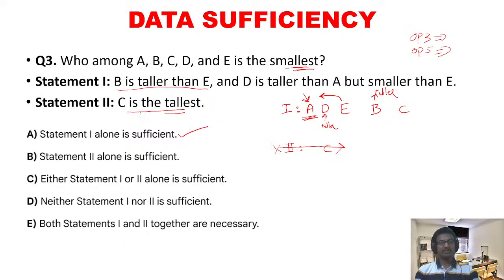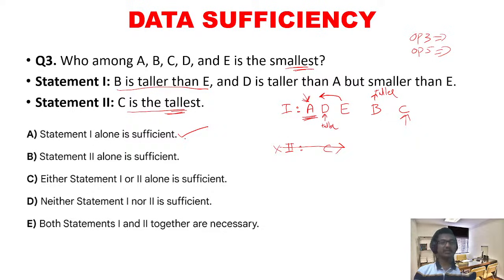Even though statement 2 says that C is the tallest one, that doesn't change the order of these persons. So in data sufficiency, this statement's contribution is nil in identifying the smallest person.